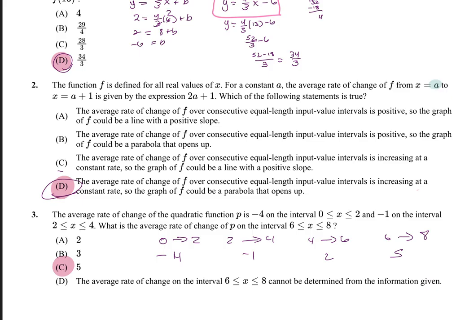Does that make sense? Your slope is the same no matter where you pick it. But this expression is saying it's not staying the same. It's changing every time. And if it's changing every time, then it has to have a different shape. It can't be a line, which in this case says could be, doesn't have to be, but could be a parabola that opens upward. If my rate of change is increasing, that means it's a U shape, which means it would be opening upward, okay?